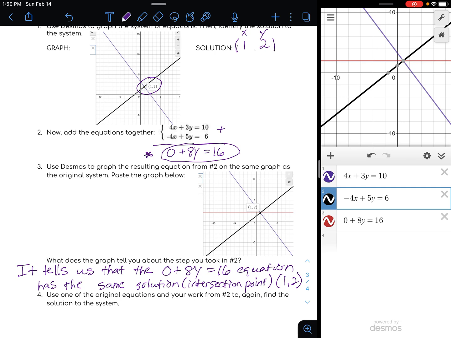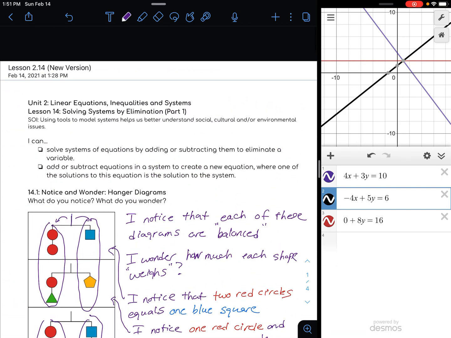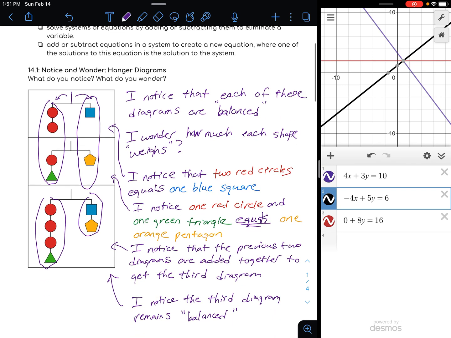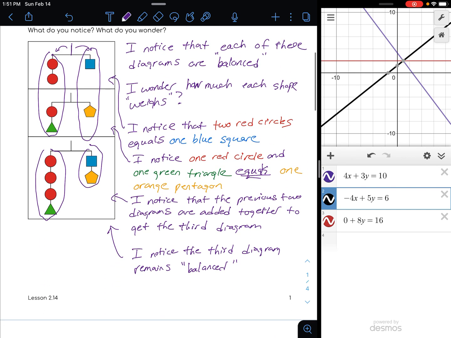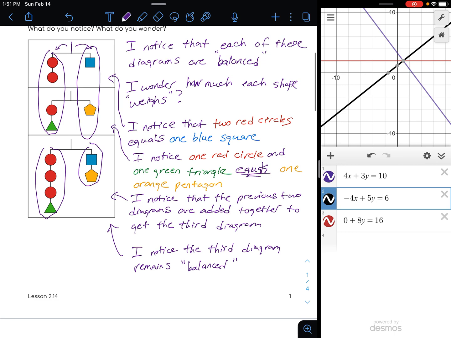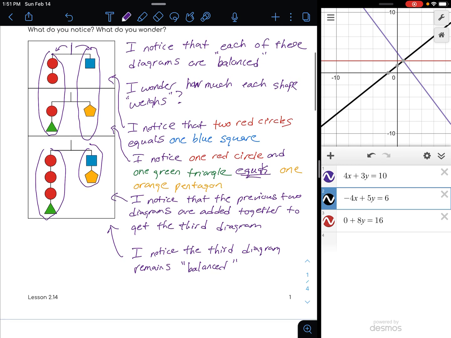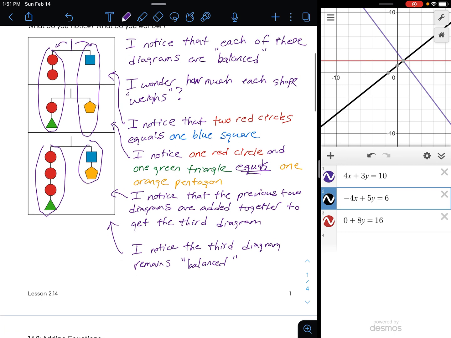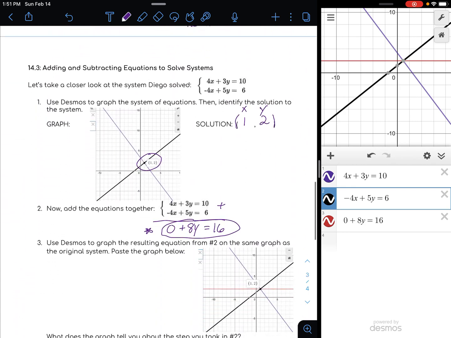Okay? So think back to the beginning of our lesson when we talked about if we add these two original diagrams together, we get a third diagram, but the third diagram remains balanced. All right? And that's kind of like what we're doing here.